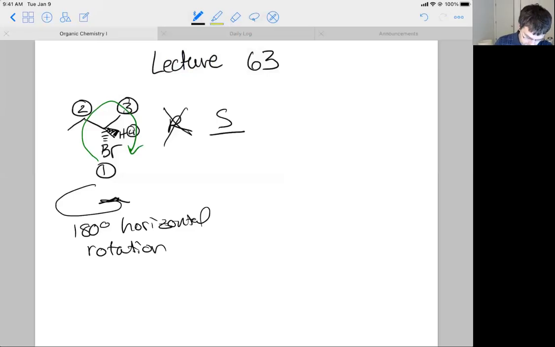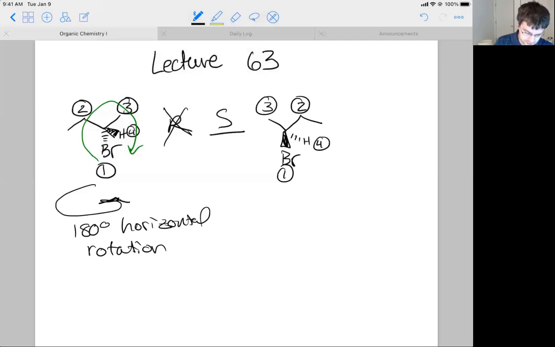If we do that, then the molecule is going to look like this. Remember that the H and the Br are directly on top of each other. How I decide to skew them so that I can see both groups is totally up to me, but in reality, they're right on top of each other. So bromine is 1, ethyl group is 2, methyl group is 3, then hydrogen is 4.